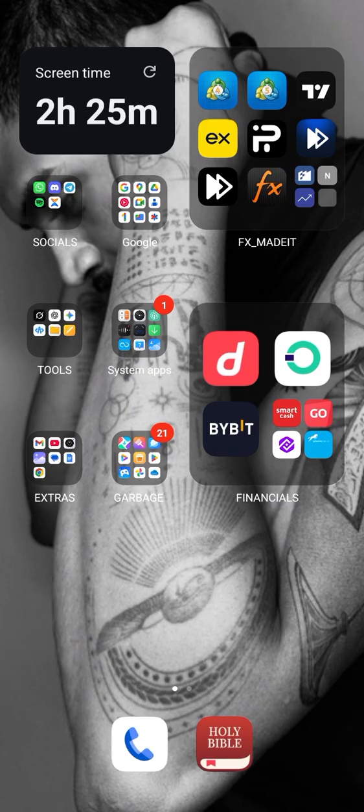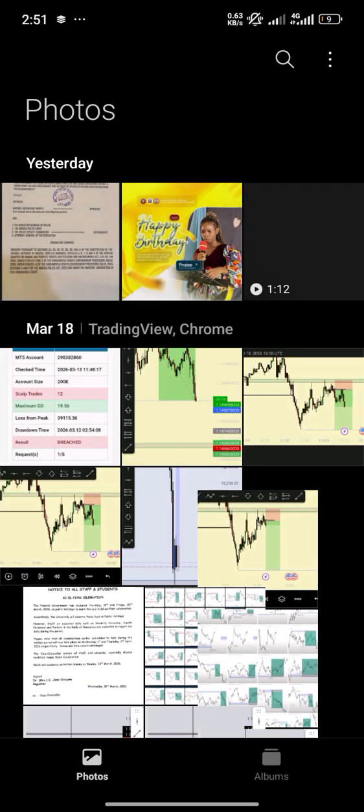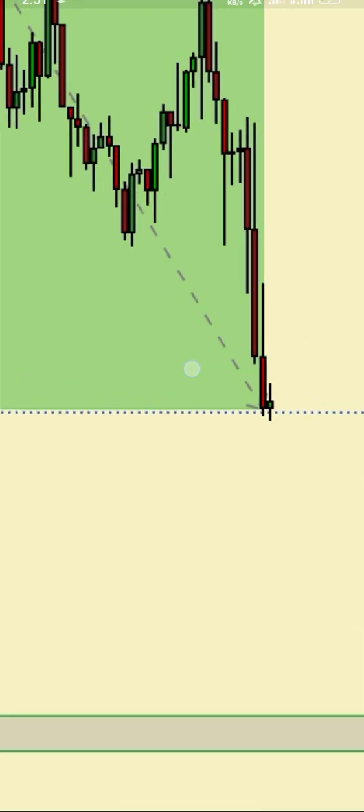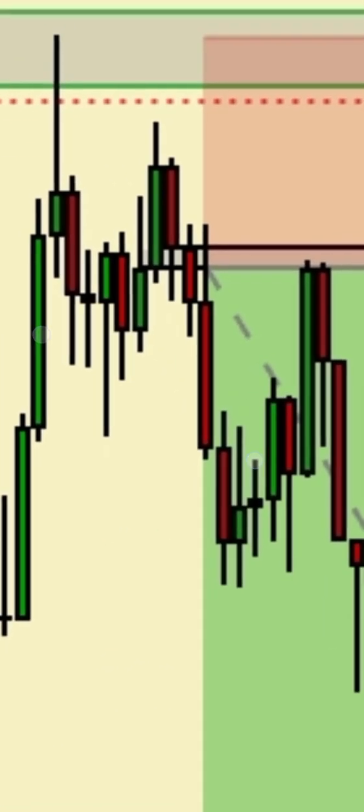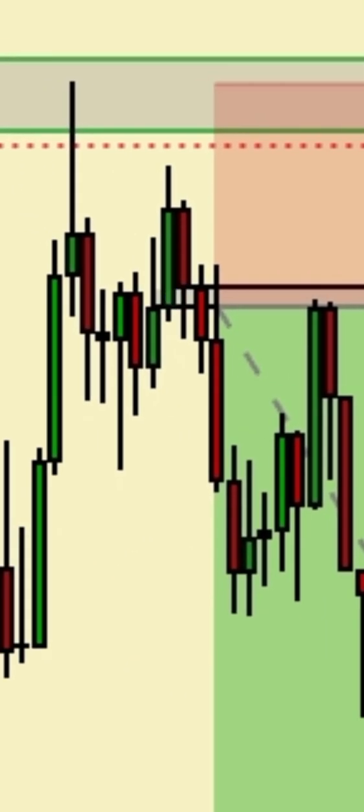So that is my stuff. And let me show you some of the setups I took recently. This EU setup is actually a decisional level. I saw it. This is a gap break gap.